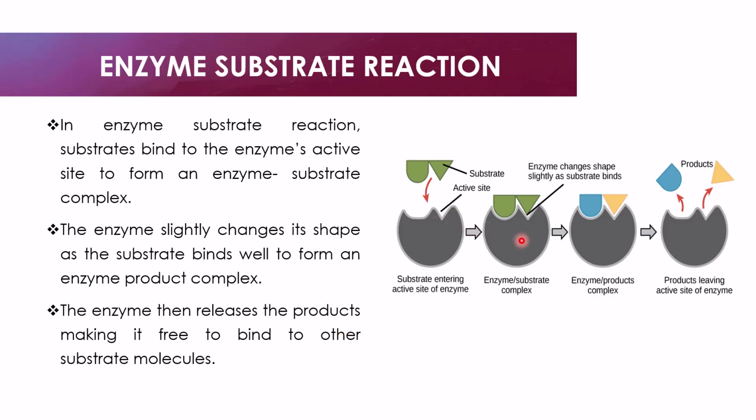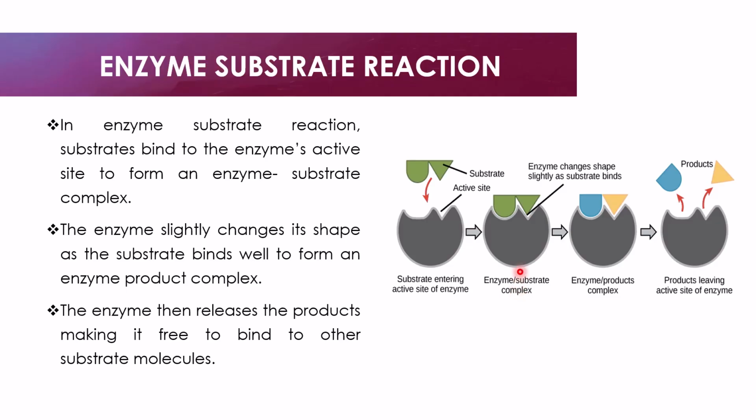As you can see from our illustration over here, this is our enzyme with its active site, and this is our substrate. The substrate binds to the enzyme at the active site to form an enzyme substrate complex.